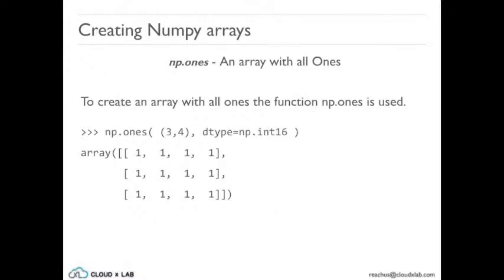Previously we used np.zeros to create a matrix or an array with just zeros. If you use np.ones, you can create a matrix that's all ones. Here we have created np.ones of size 3 by 4, so it's a matrix with 3 rows and 4 columns. The type of the variables you have defined is integer 16. That's an option you could use.